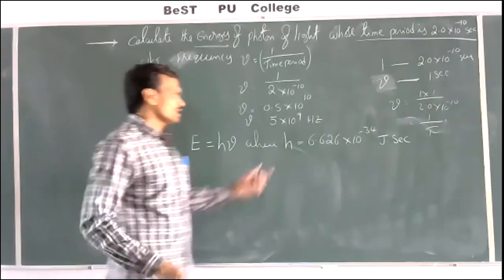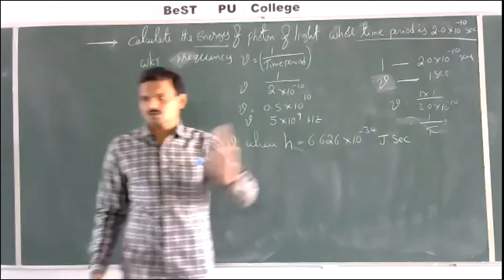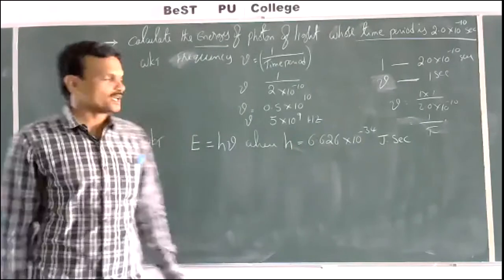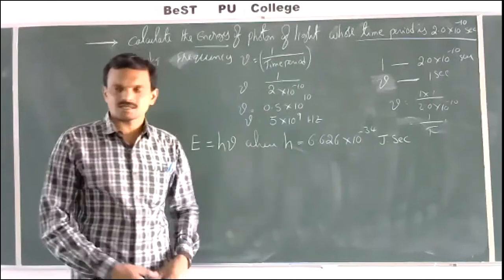So if you take h value in joule second, you get the answer in joules, or if you take erg second in the CGS system, you get the answer in ergs.